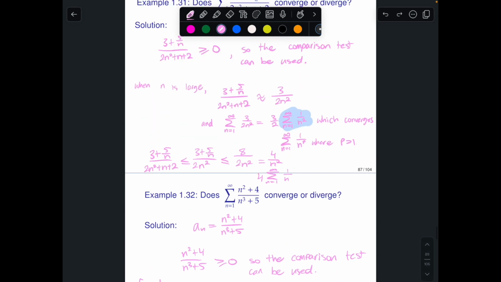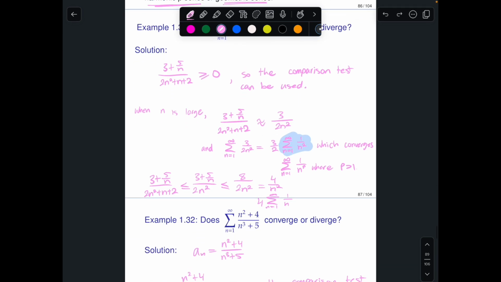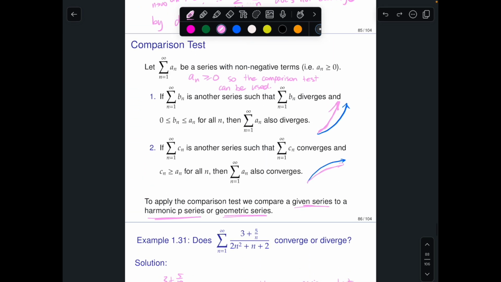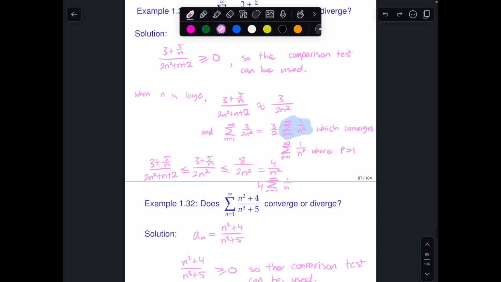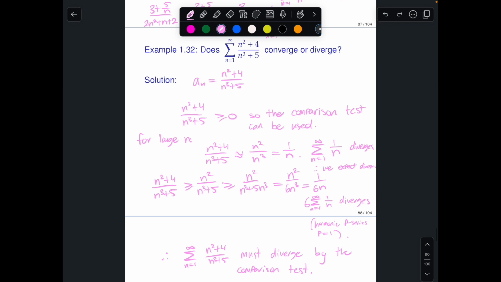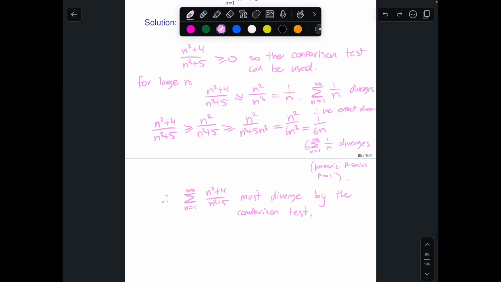If you expect it to converge, like in the earlier one, you try to find a ceiling function, something that's always larger than it that you know converges. If you expect it to diverge, you do the opposite and find a floor. You go low and simplify to something you know diverges, and you say if ours is bigger than this and that diverges, then our function must diverge as well.